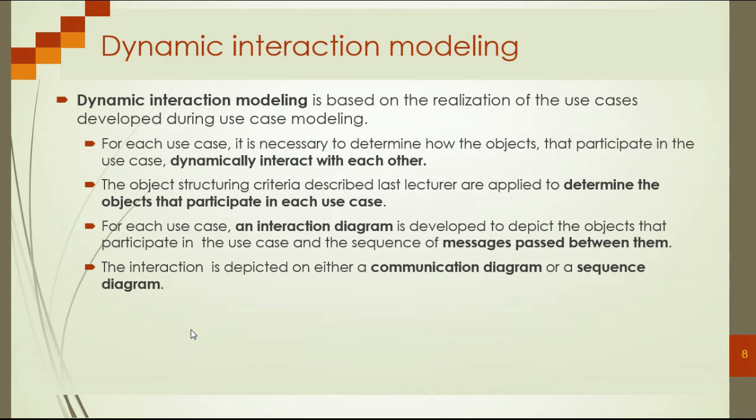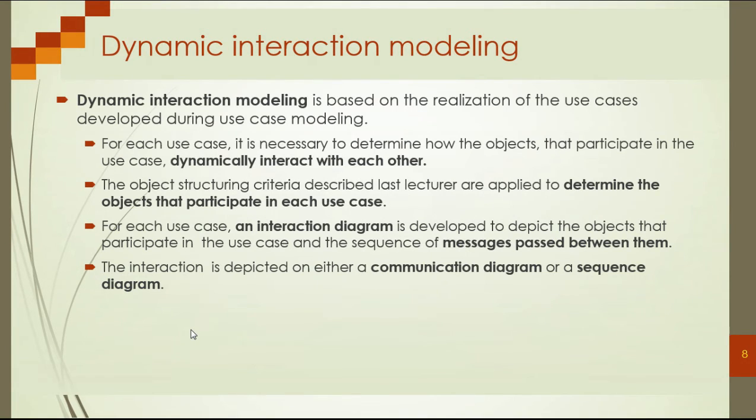Okay, so the dynamic interaction model, as we say, is a model that shows the interaction of the objects with each other. Our dynamic interaction model depends on your understanding of the use cases.